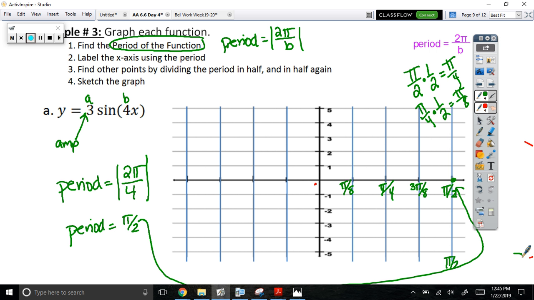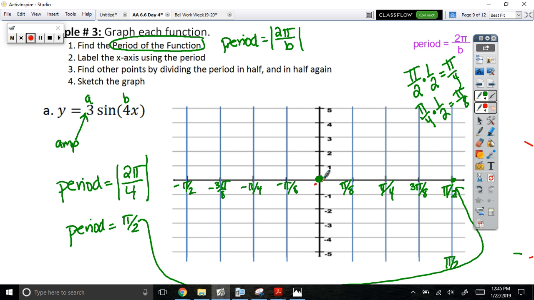Alright, so once you have that labeled, you can go to the other side and just label them with negatives. So it would be negative pi eighths, negative pi fourths, negative 3 pi eighths, and negative pi halves. And you're going to graph the sine function just like you normally do. So the sine function, does that one start at 0, 0 or 0, 1? 0, 0.